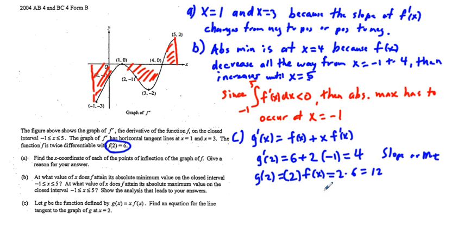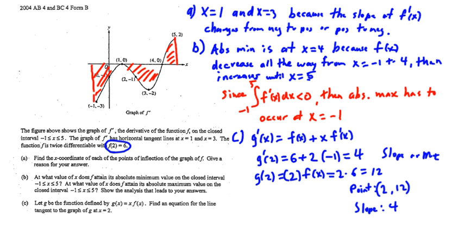So our point is (2, 12), and our slope is 4.